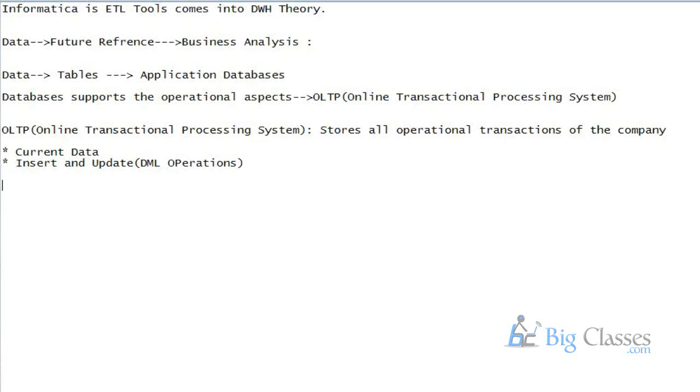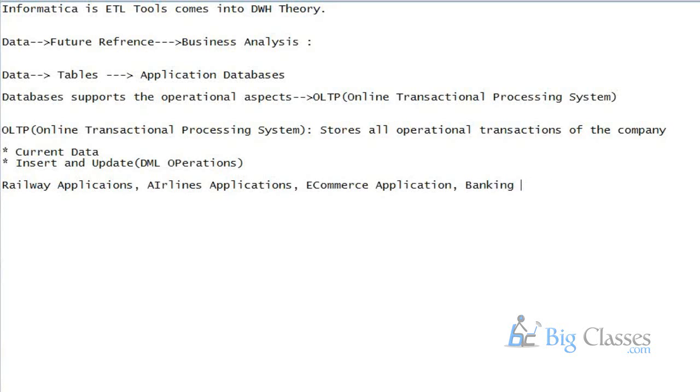The very generic examples of OLTP are railway applications, airline applications, any kind of e-commerce applications, or banking applications, etc. These are very generic and real-time examples of OLTP.